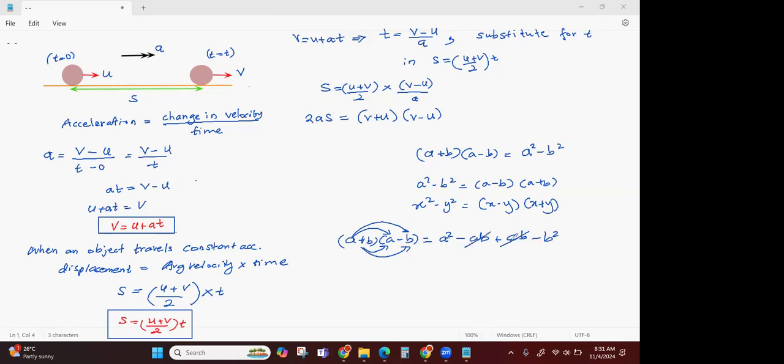So minus ab and plus ab cancel, and you get a squared minus b squared, right? So similarly, we can write here 2as equals v squared minus u squared. Is that clear?